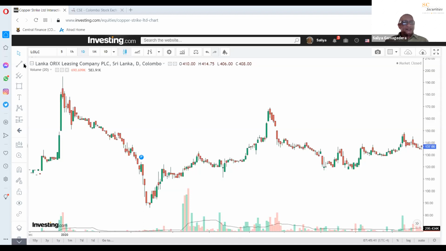So in this case, if we connect this point as the first low point, and move it up and connect the second point here, by touching those 2 points, we just extend the line like this.